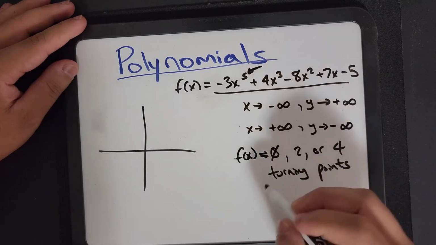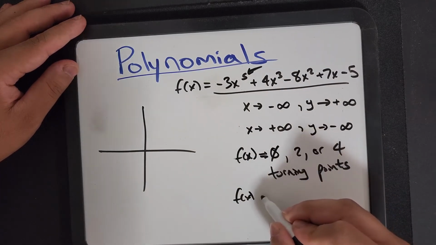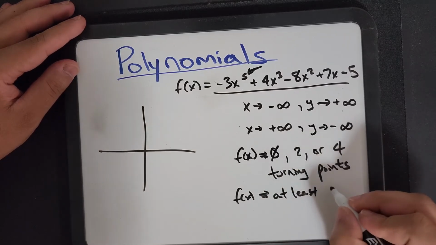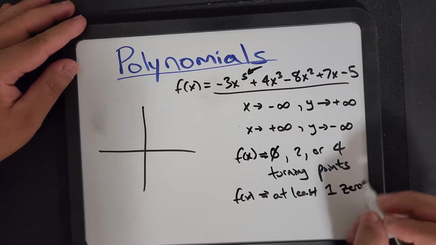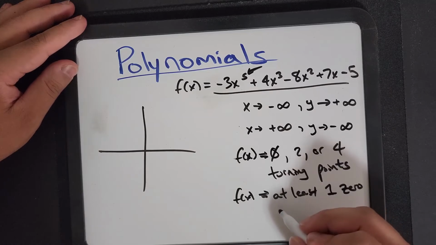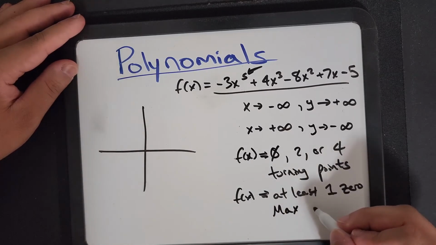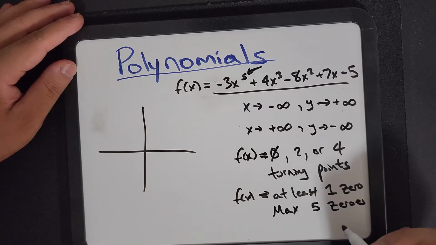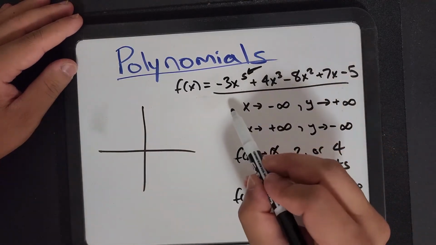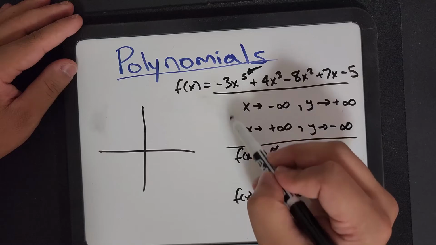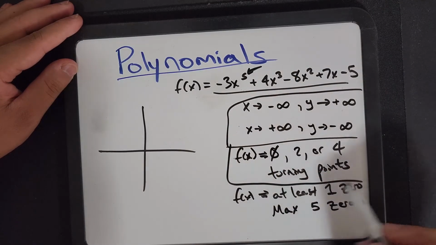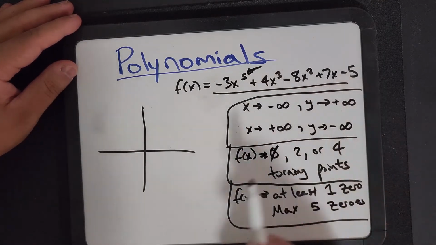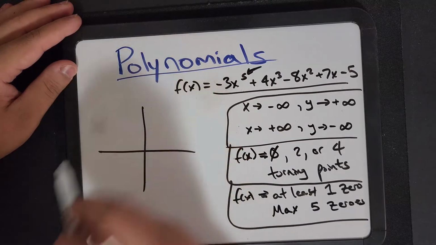Because this is 5, we can say f of x will have at least 1 zero, but also at most 5. These are characteristics we can take away just by looking at the polynomial.